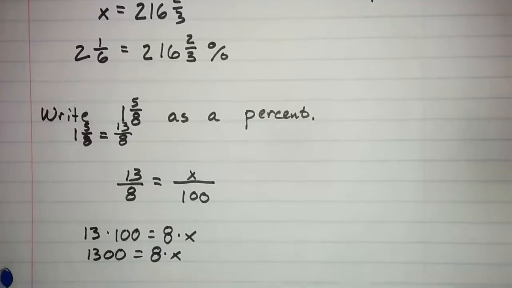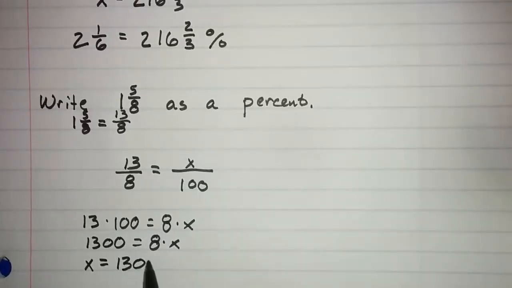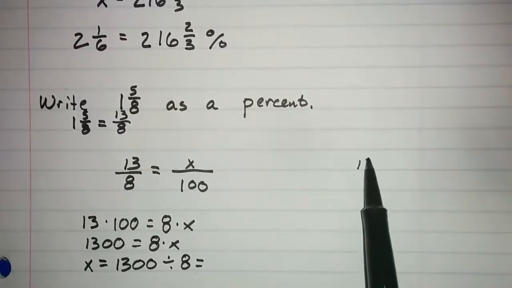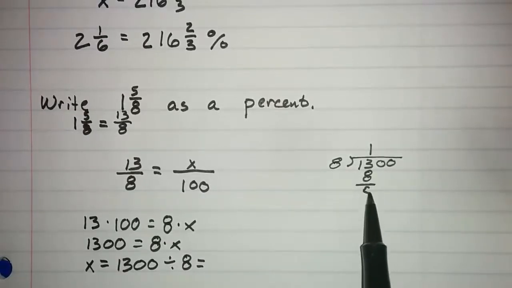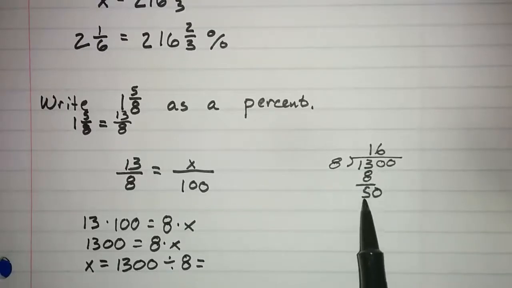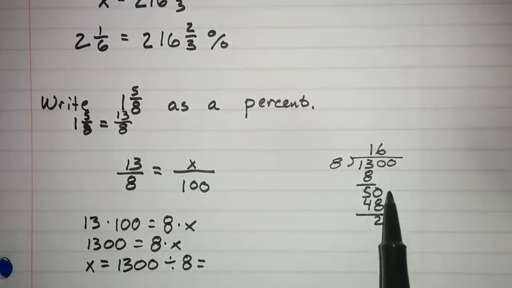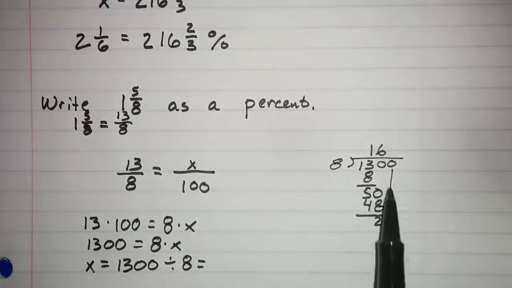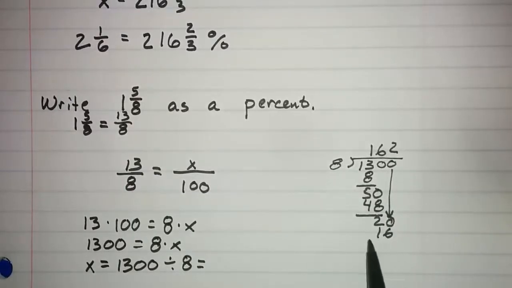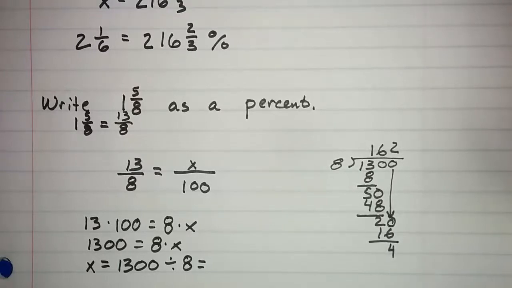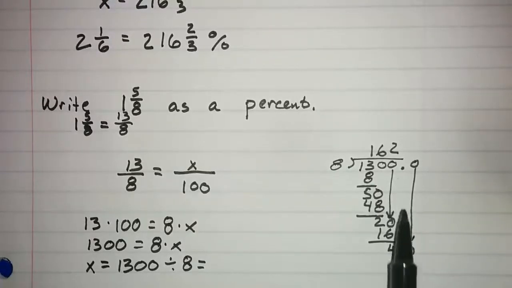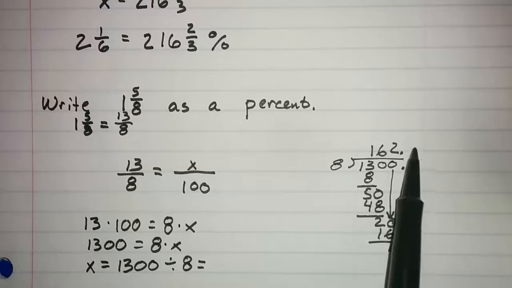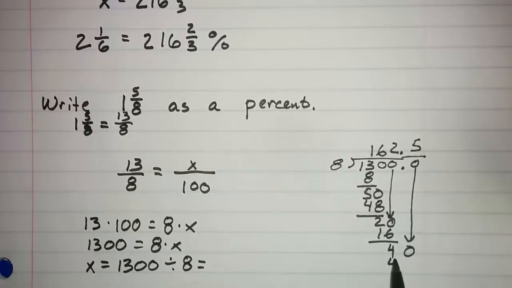That gives us x is 1300 divided by 8, which, let's do that division. 8 goes into 13 once, into 56 times, into 20 twice. And we could give this as a mixed number if we wanted to, or we could continue and give it as a decimal. 8 goes into 40 5 times.